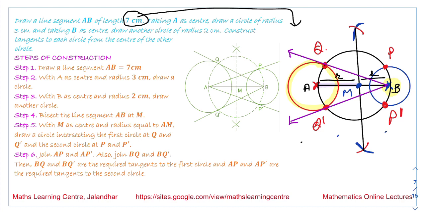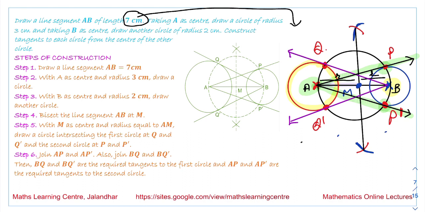Similarly, from A, if we join the point P, we obtain the line in this form. From A, we join the point P dash, we obtain the line in this form. So this AP and this AP dash, where A is the center of this circle, are the 2 tangents to the second circle. So these are the required tangents.